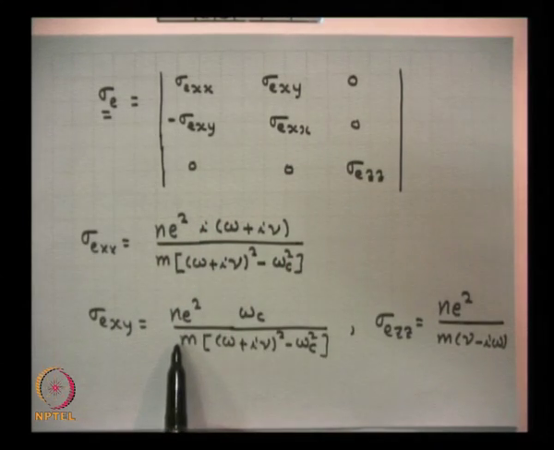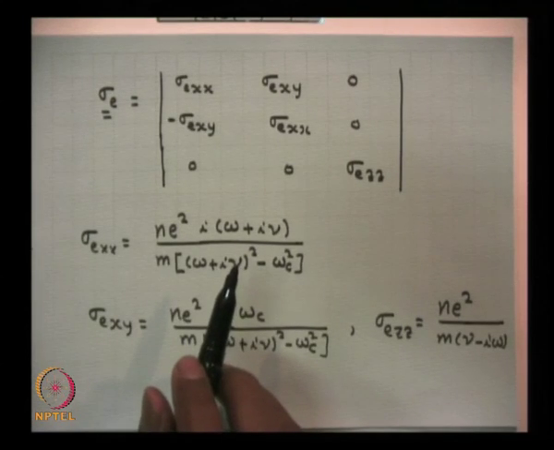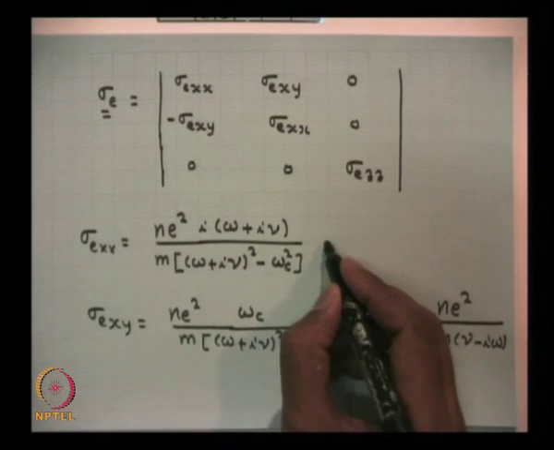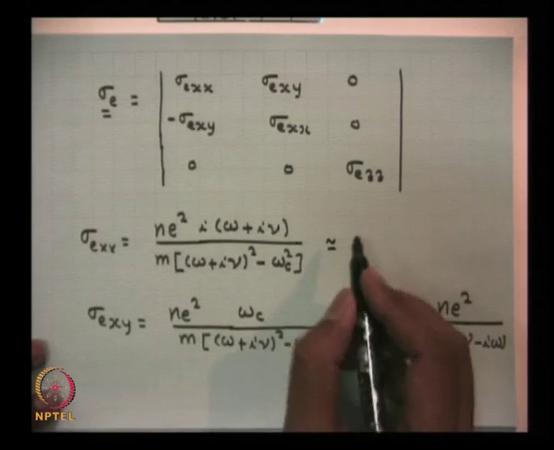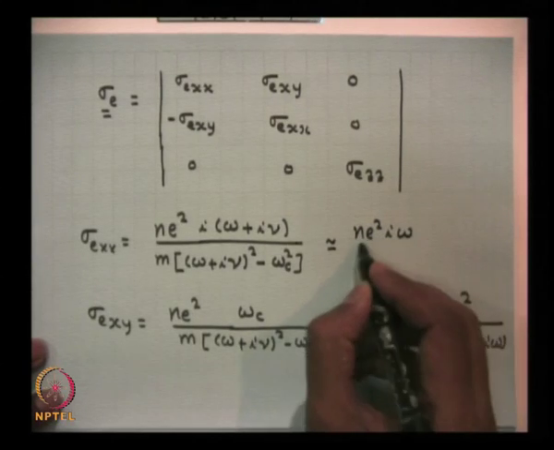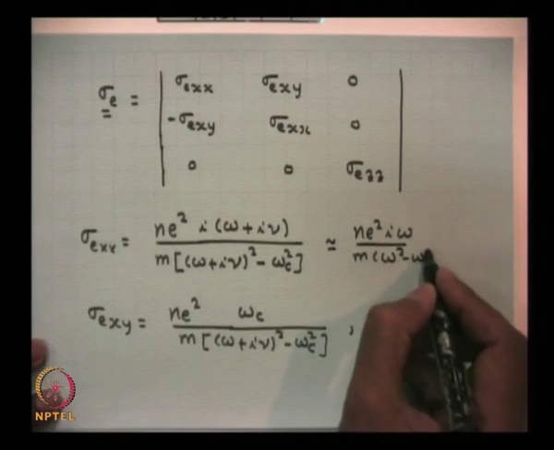You may note one thing more here. If you forget collisions, because collisions are usually a very small quantity, then this can be written as n e square i omega upon m, omega square minus omega c square.